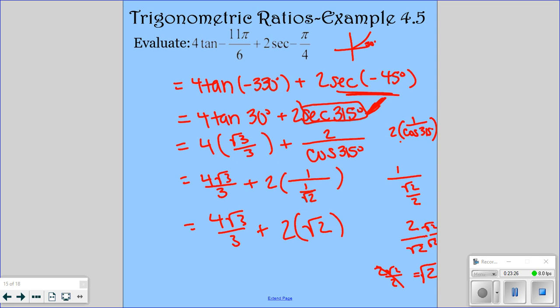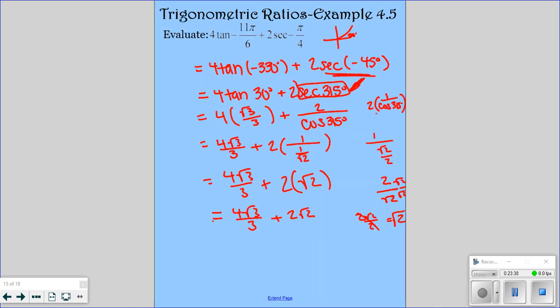So going from here to square root of 2, I have 4 square root of 3 over 3 plus 2 square root of 2. And then if I'm going to make it into one fraction, the common denominator is going to be a 3.